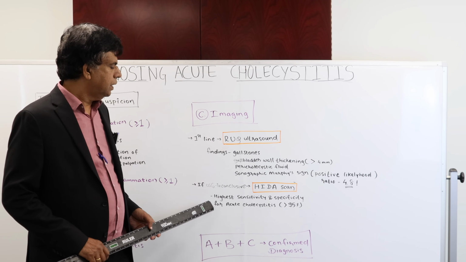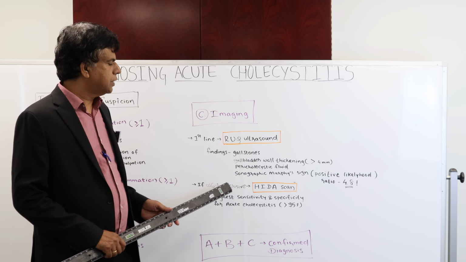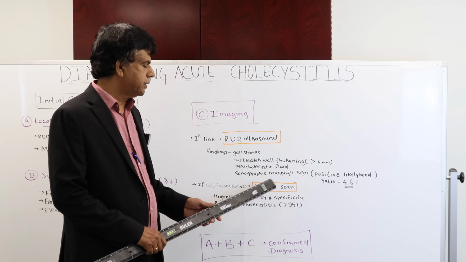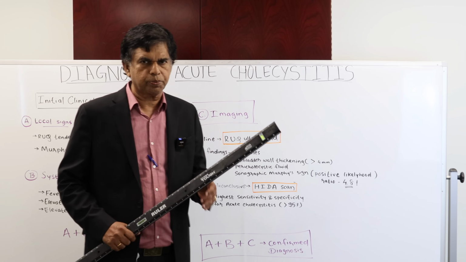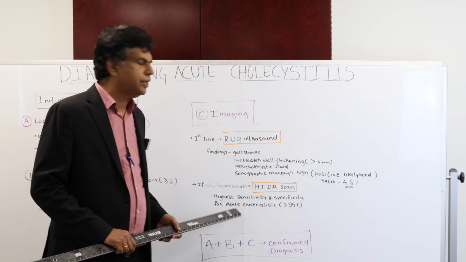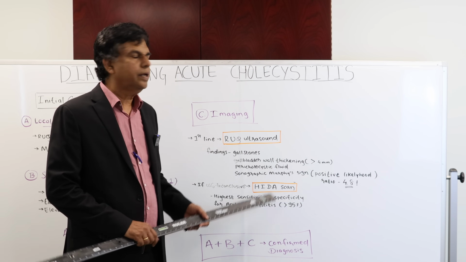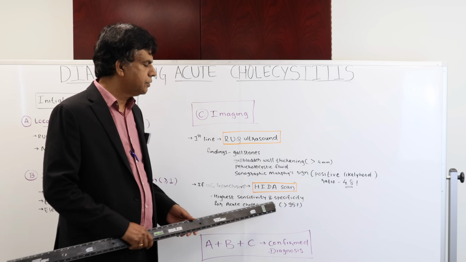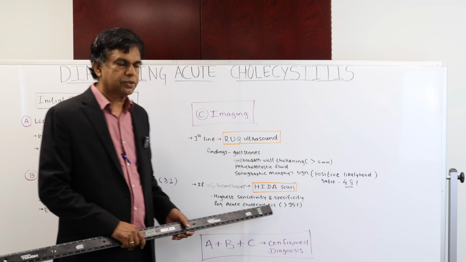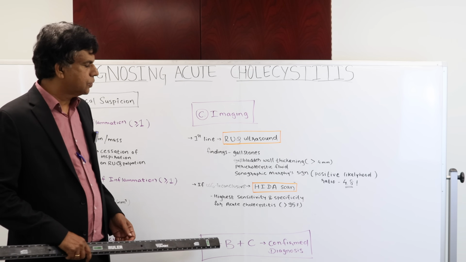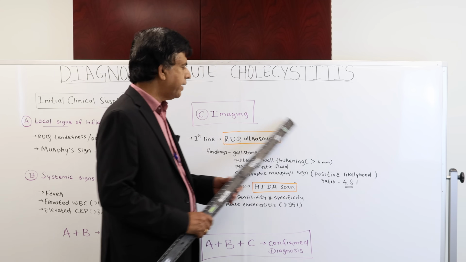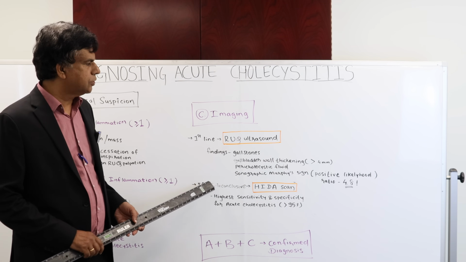Now, if it is inconclusive, the next best test is the HIDA scan, which has the highest sensitivity and specificity. But you don't jump into this one right away, okay? You always do the abdominal ultrasound, then you do the HIDA, which is greater than 95% sensitivity and specificity. So think about all this. These are the findings when they do abdominal ultrasound that are important.